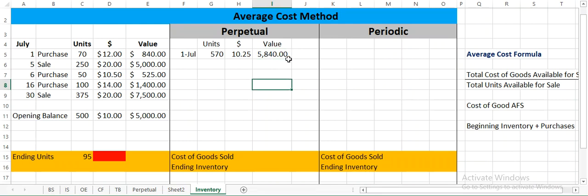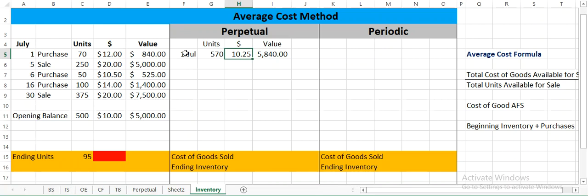What this is saying is that as of July 1st, we had 570 units available for sale, and they were valued at $10.25. And that brought the value to the 58,400. Okay? Note that these should always be rounded to 2 decimal places.